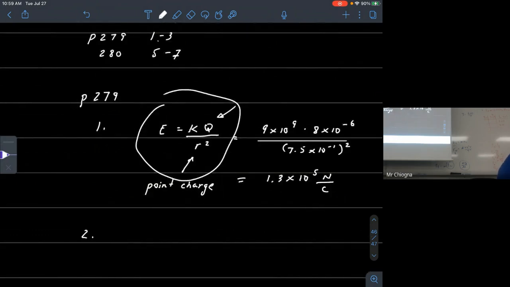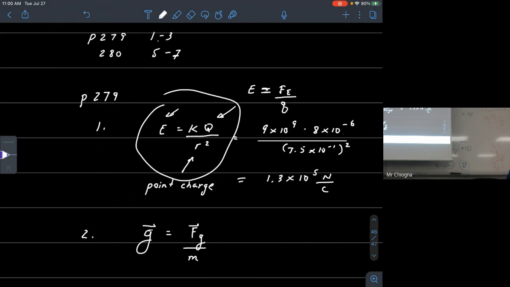Number 2, field strength. This is the field strength. Same thing as acceleration due to gravity. It's given by the force of gravity divided by the mass. We're just going to calculate the absolute value. It's very similar to the electric field. What is the general equation for the electric field? That works in all cases, whether it's a point charge or not.